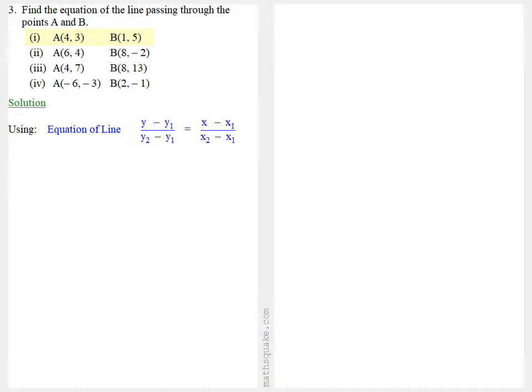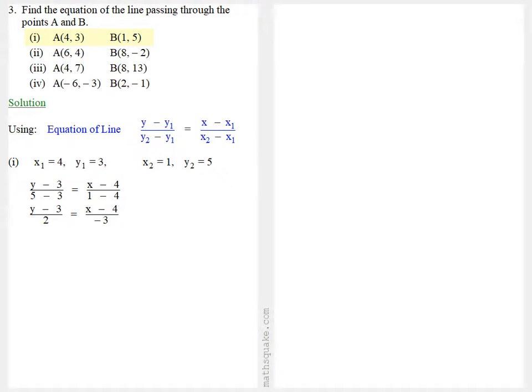And we're going to use the equation of the line (y minus y1) over (y2 minus y1) equals (x minus x1) over (x2 minus x1). So in question 1, x1 is 4 and y1 is 3, x2 is 1 and y2 is 5. So substituting, we get (y minus 3) over (5 minus 3) equals (x minus 4) over (1 minus 4).